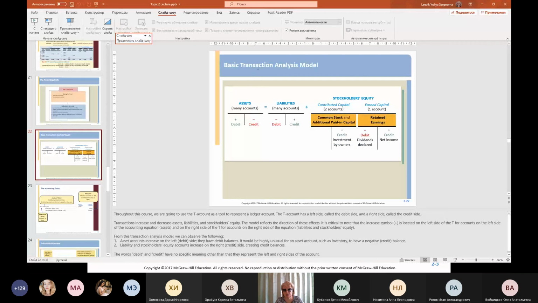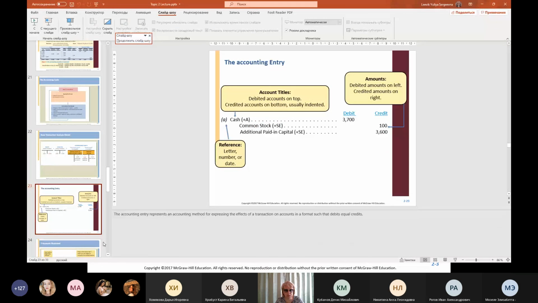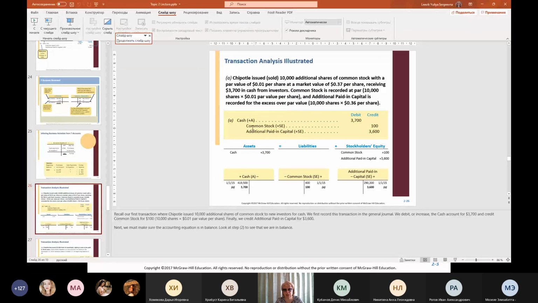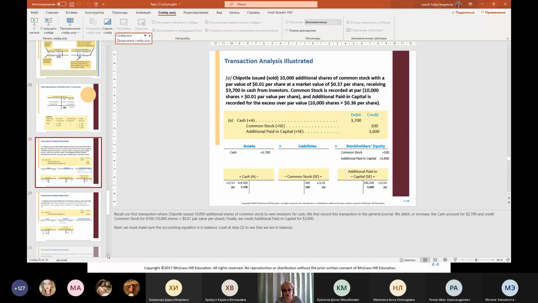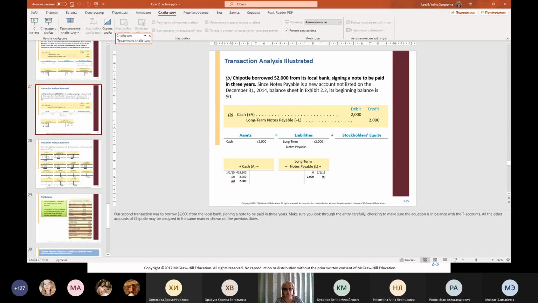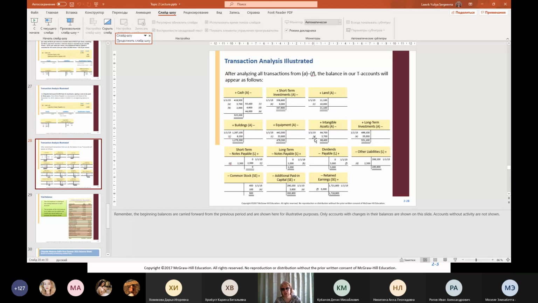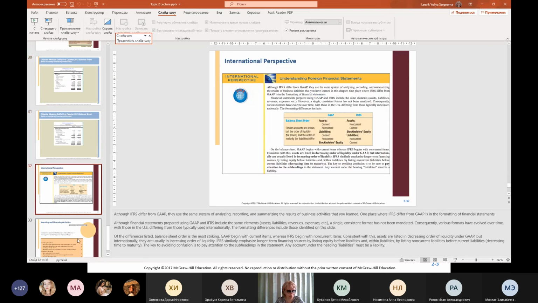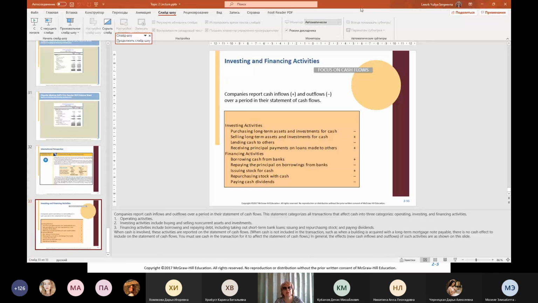Then there is the basic transaction analysis model with all comments, the structure of the accounting entity, the transaction analysis illustrated for preparing accounting entries with debits and credits, and then transaction analysis illustrated in the T format. All this material is based on the textbook, and finally the trial balance. This is the ending, so the ending balance sheet.